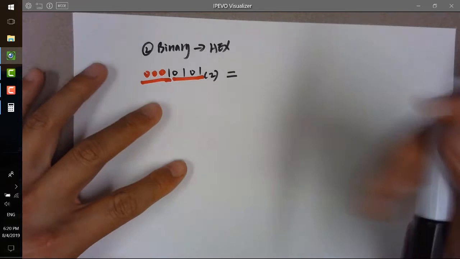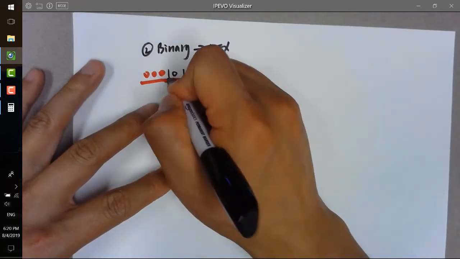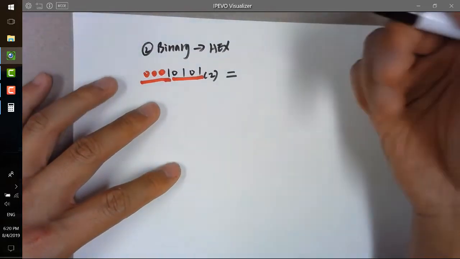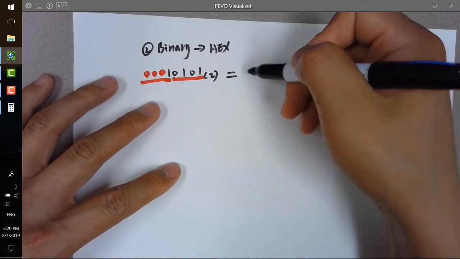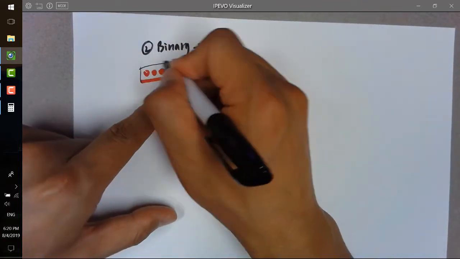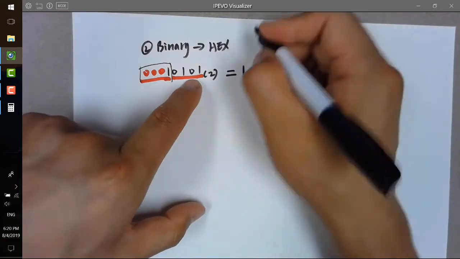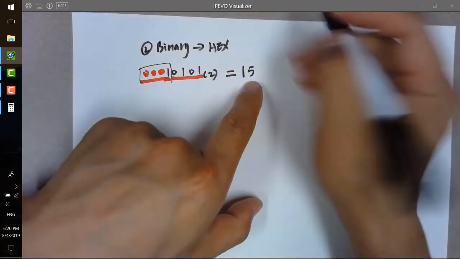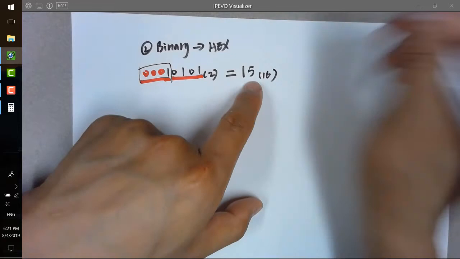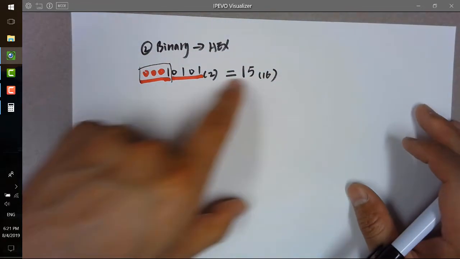And now you just write down this 4 and this 4 in hex form. So this one is actually 1, and this one is 5. So you have 15 in hex. That's the final hex version for this number.